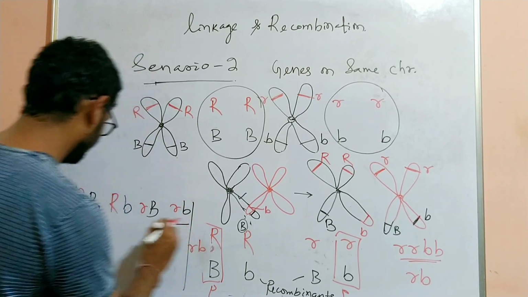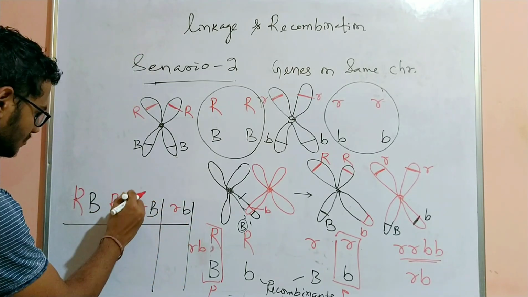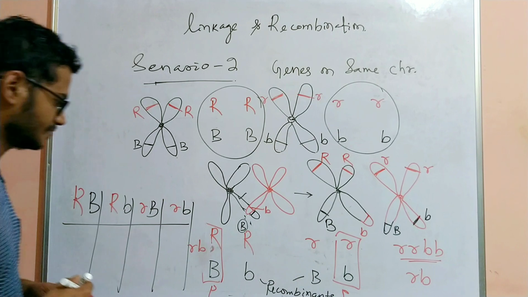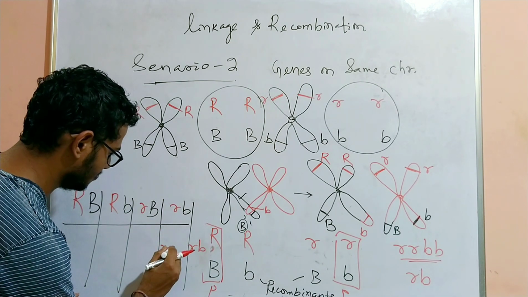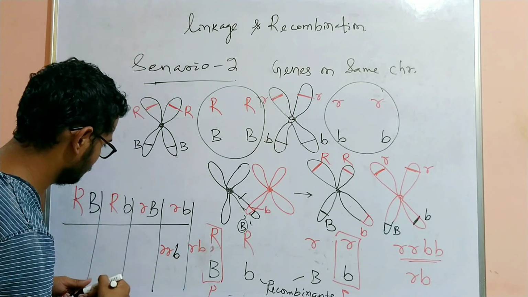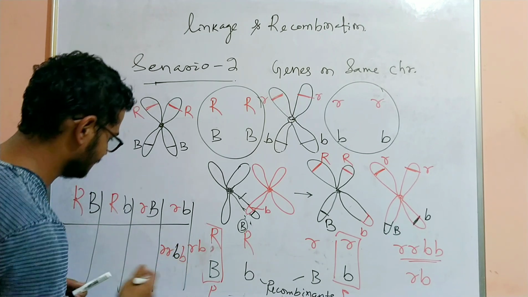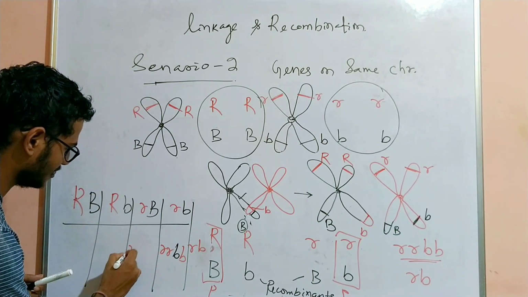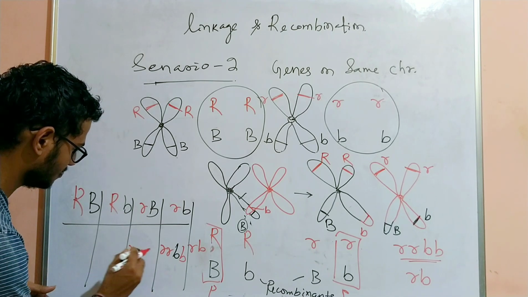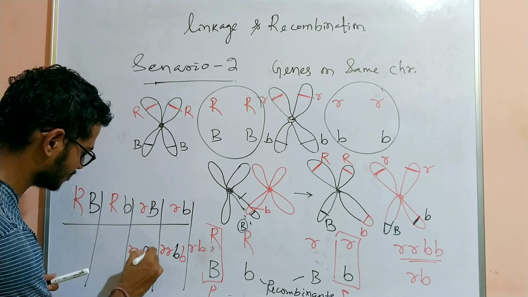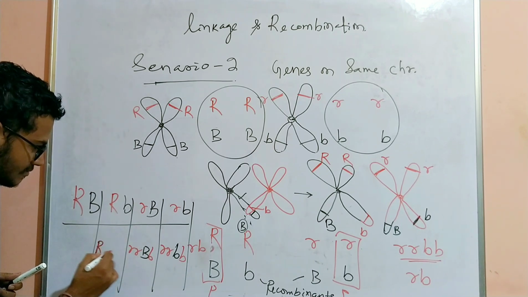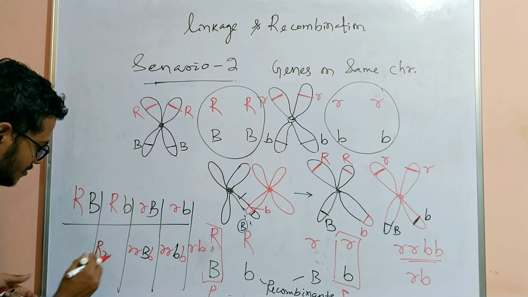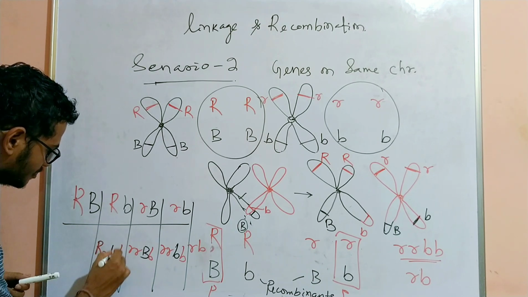So what will be the result of the offsprings? Here we will have smaller, small b. Here we have smaller, capital B, small b. Here we have capital R, smaller, small b, small b.